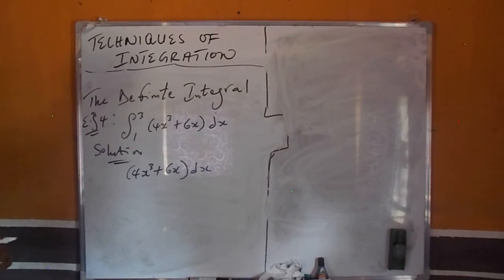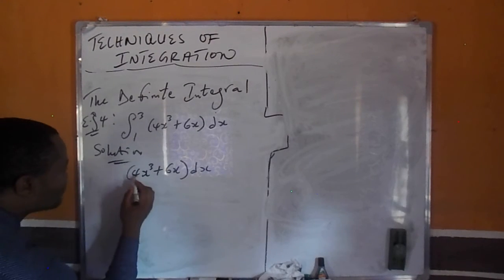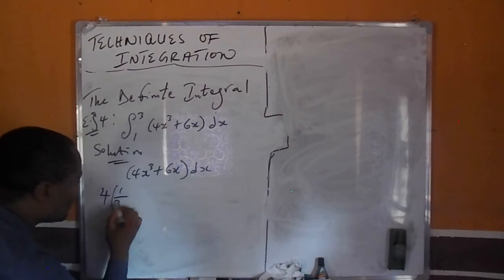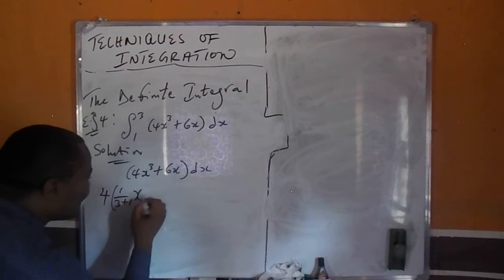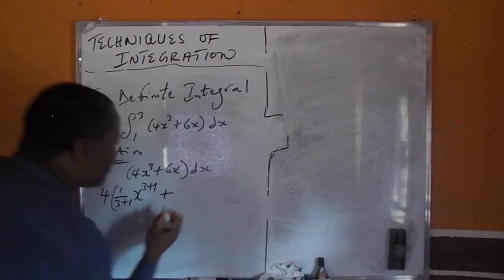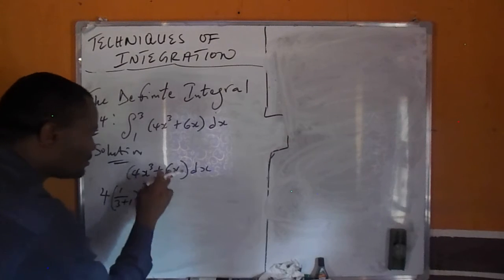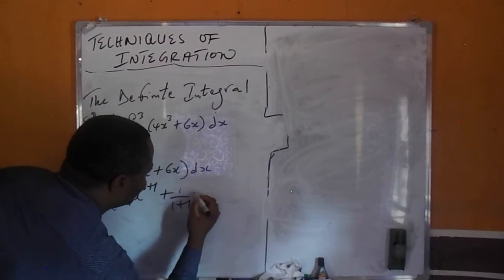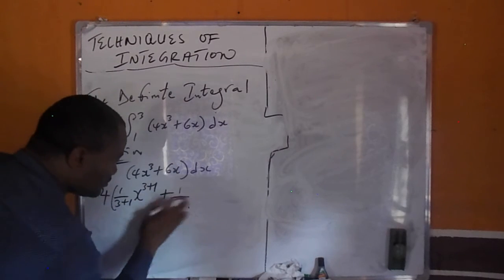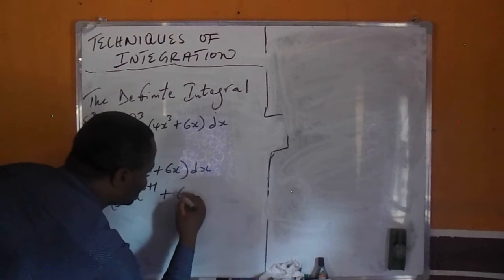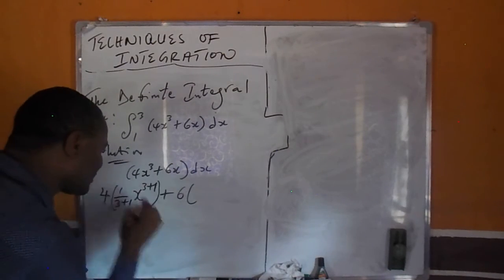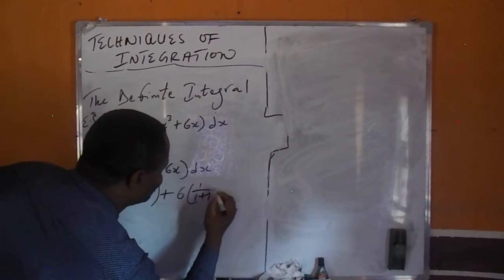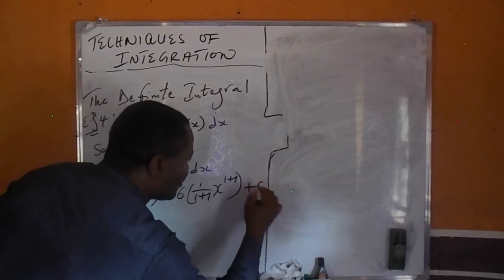When you are integrating this, what do you have? 4x cubed will give you 4, in bracket 1 all over 3 plus 1, x raised to power 3 plus 1, plus 6x, that will be 6 in bracket 1 all over 1 plus 1, x raised to power 1 plus 1, plus c.